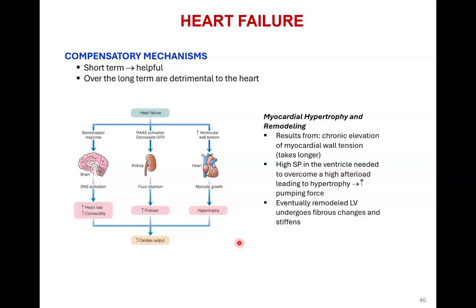That simply means it loses its ability to contract. It just becomes overworked, is one of the ways of thinking of it, right? And it undergoes these fibrous changes, and rather than becoming more efficient at generating force, it just kind of stiffens and peters out.